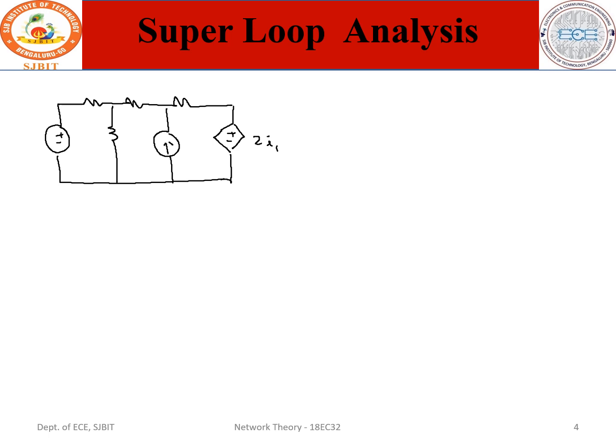It is connected like this, and this is 3 volt, and this is 1 ohm, 1 ohm, this is 2 ohm, and this is 2 ohm, and this current is 4 amps, and here the current that is flowing is I1.